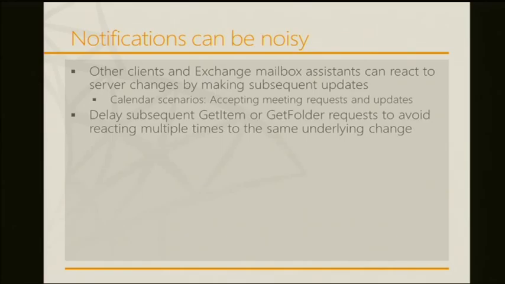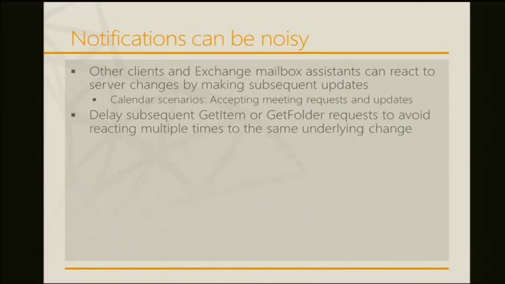And you'll get all of those things as individual events, so it's important not to process them all right away. Even in some calendar situations, if you're using get streaming events or push notifications, you'll start to see events come in where the meeting's being created, it's being updated, it's being sent.